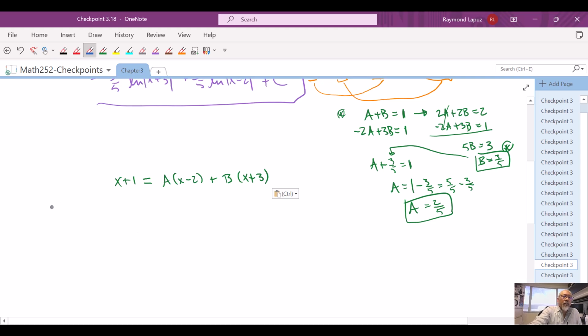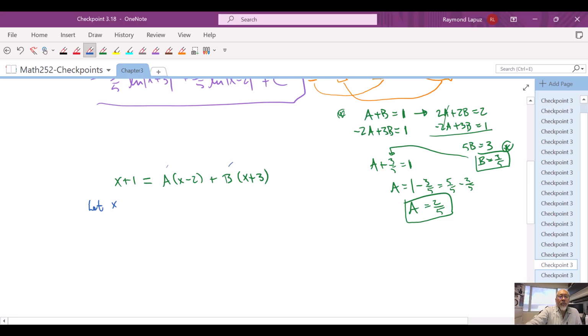And so this is just another method. Sometimes it's called a substitution method or Heaviside method, named after somebody named Heaviside. But what you could do is you can let x equal to something that would make one of these variables disappear.